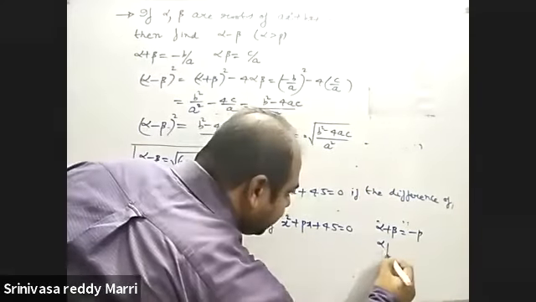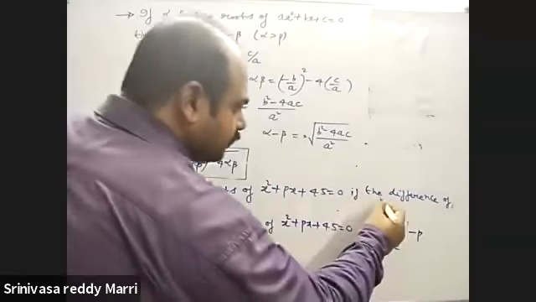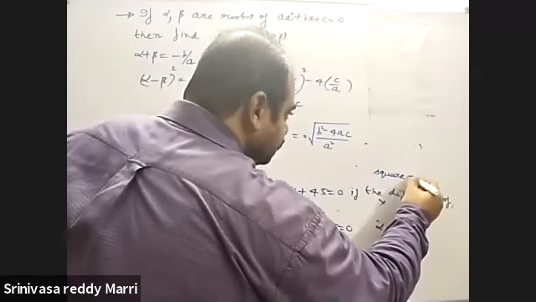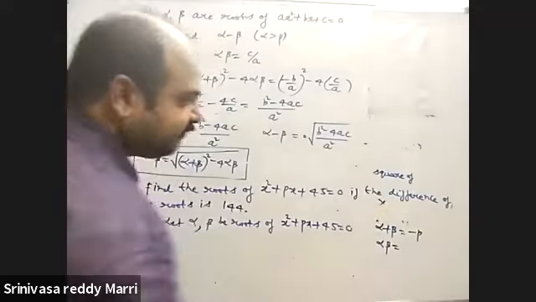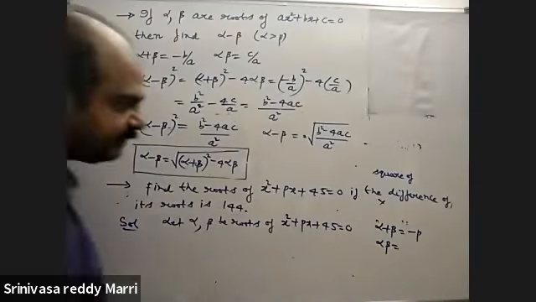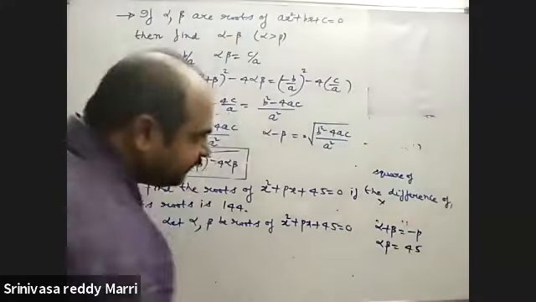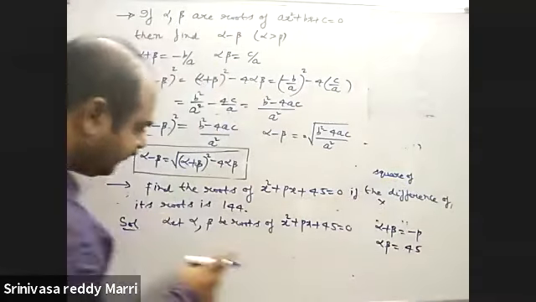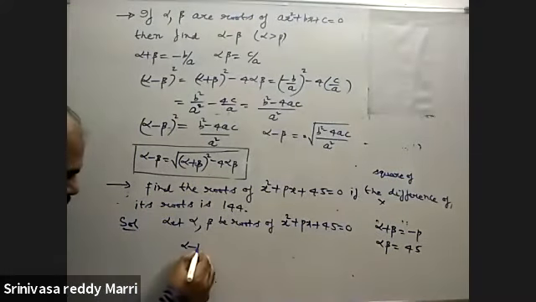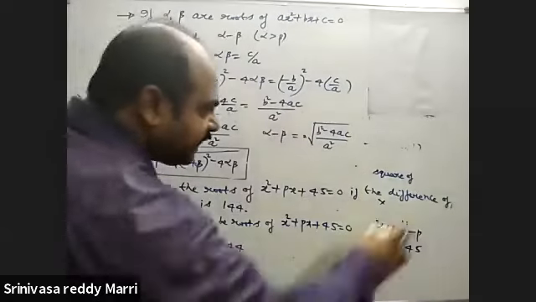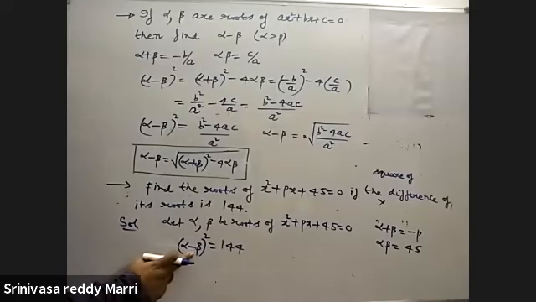Alpha into beta is 45 divided by 1. First write the relation between the roots. Here what is given is the square of the difference of the roots, so alpha minus beta whole square is given as 144.